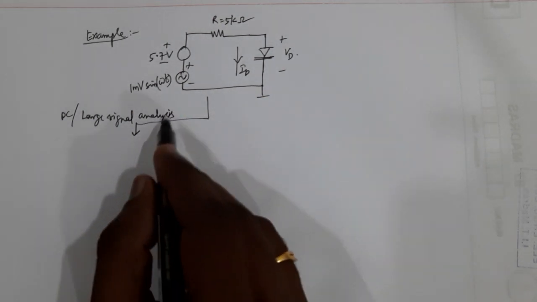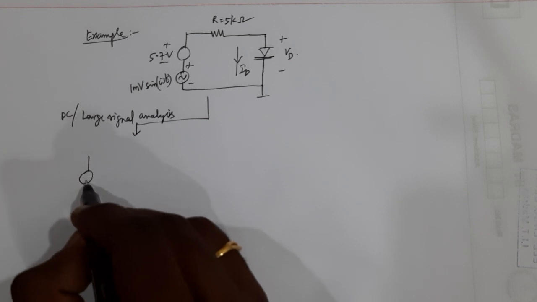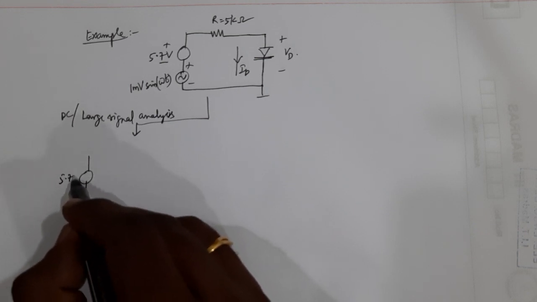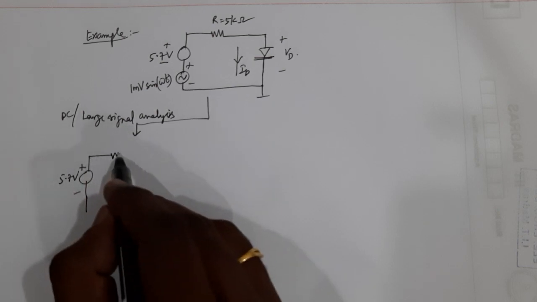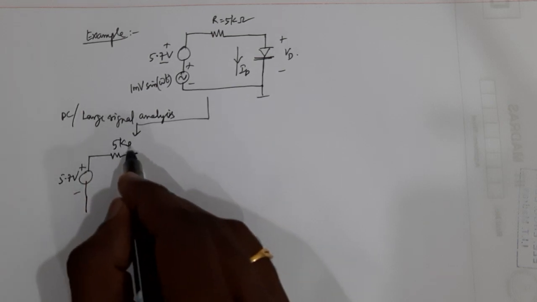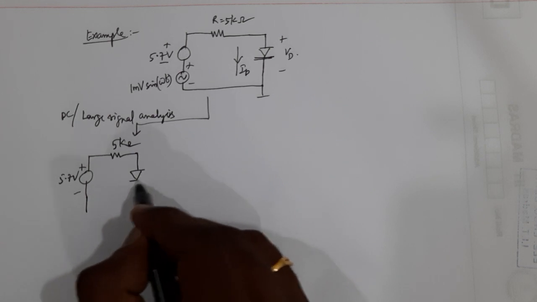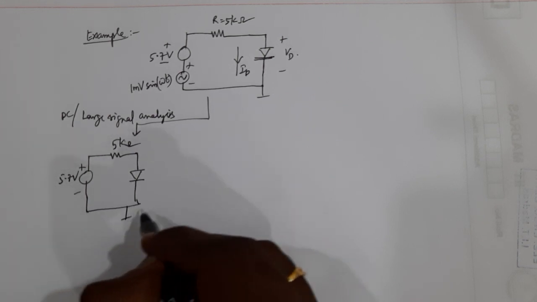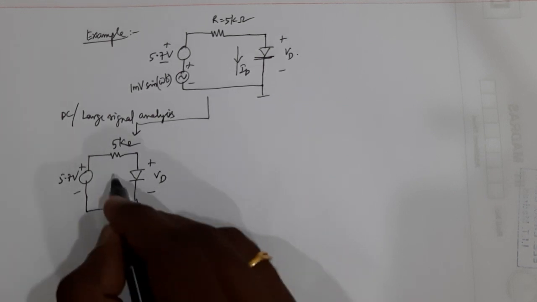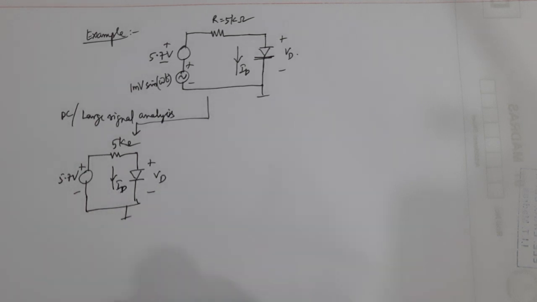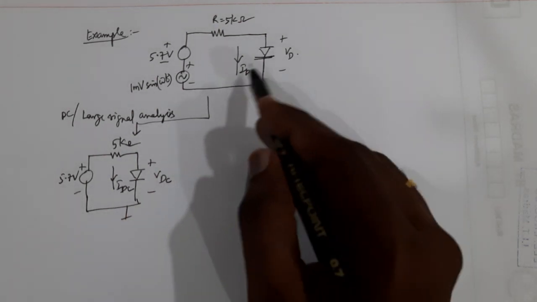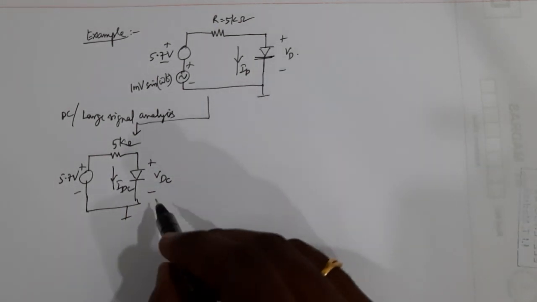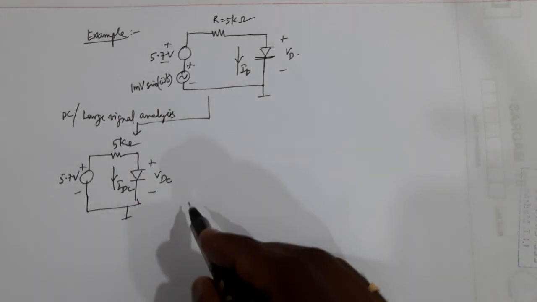Okay, the circuit will change like this: 5.7 volt, and the signal will be shorted, and you have a resistor of 5K and you have a diode with voltage VD and current ID. Okay, this is what it is. Let's call it VDC and IDC. Let VD and ID be the final values, with the addition of the increments also.